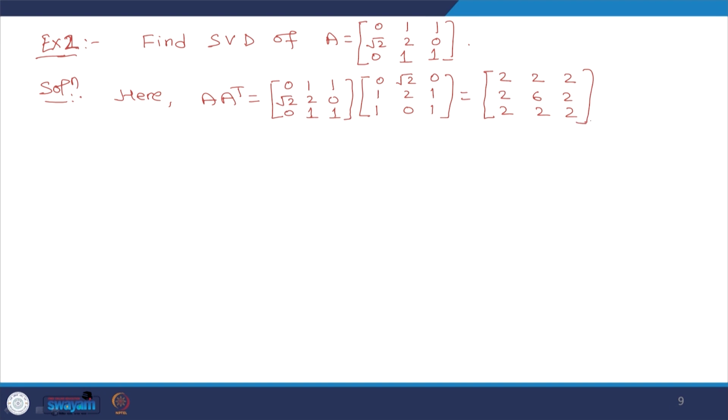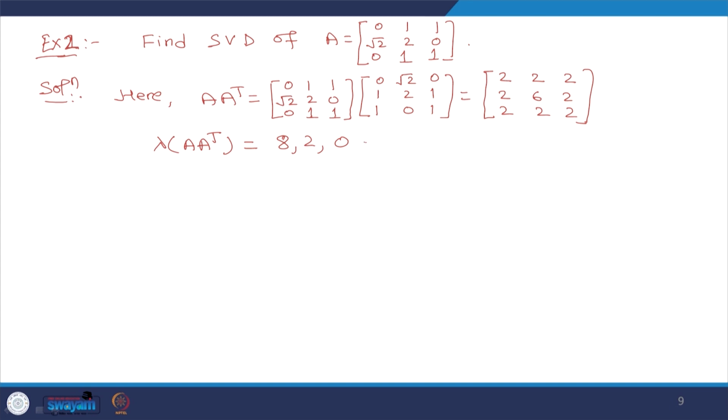Now, if we calculate the eigenvalues of A into A transpose, I am not going to compute it, I am writing directly. The eigenvalues come out to be 8, 2, 0.